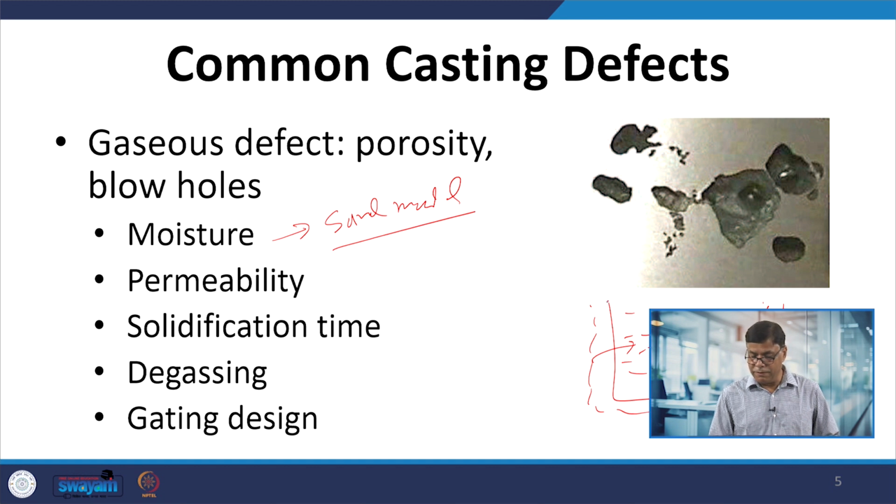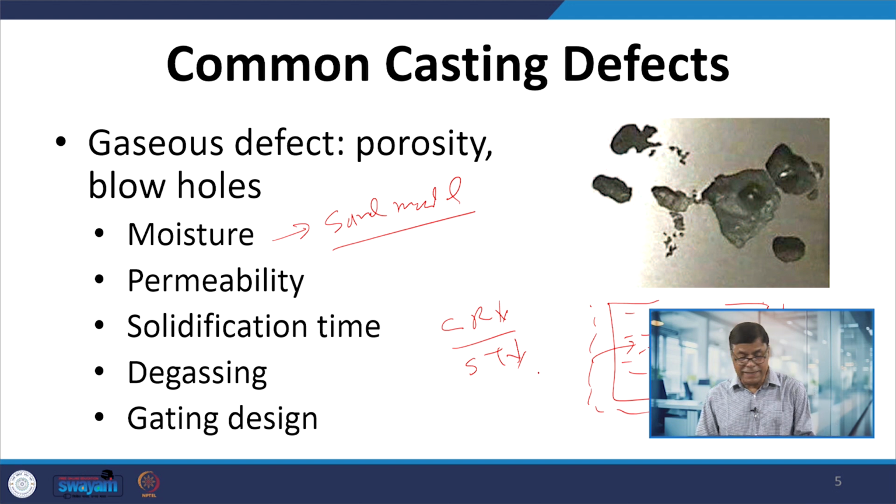Okay. And if the cooling rate is extremely high, then solidification time will be very less, and these gases or the vapors will not be able to come out, which will eventually be leading to the formation of the gaseous defects. This is one.